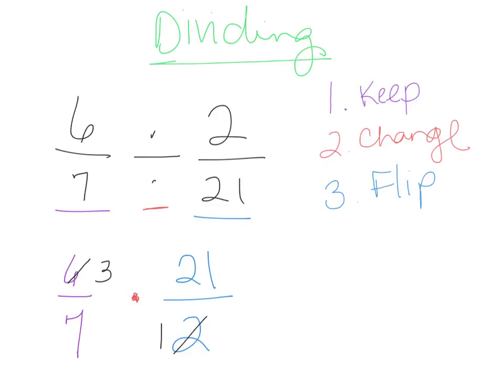Now let's look at 7 and 21. Yes, 7. 7 can go into itself once and into 21 3 times. And now I can just multiply straight across. 3 times 3 is 9, and 1 times 1 is 1. But we always simplify our fractions, and 9 divided by 1 is 9.